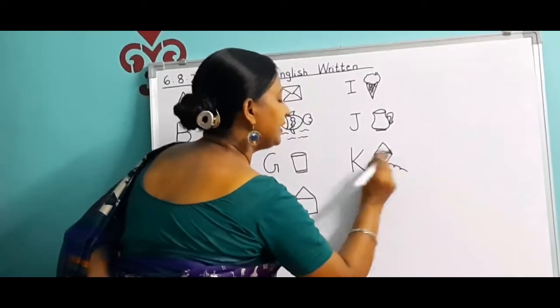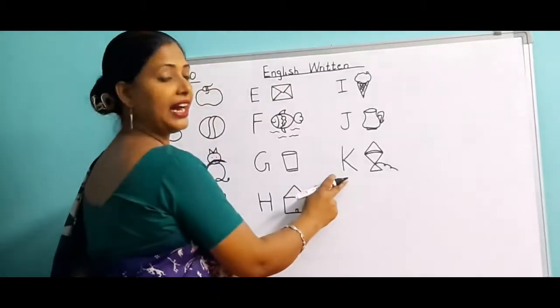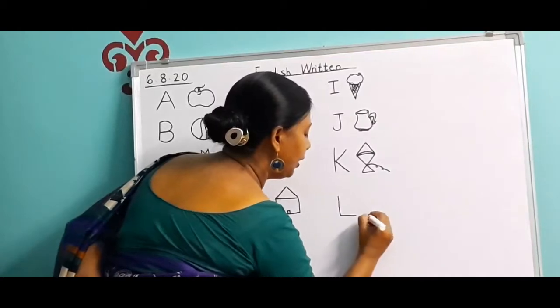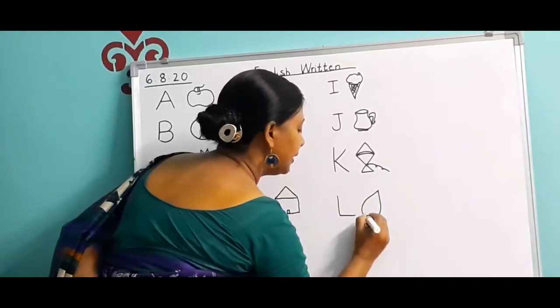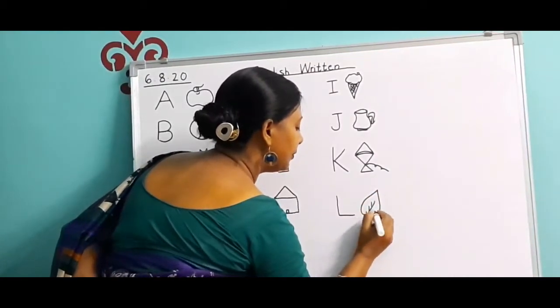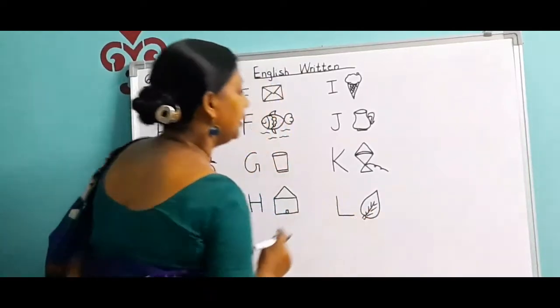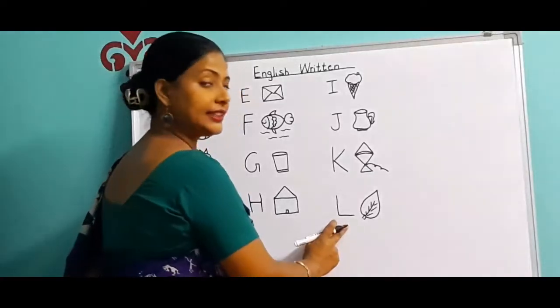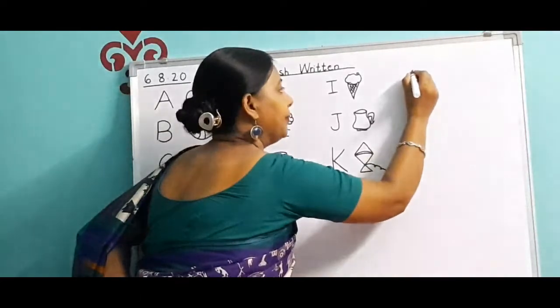K says kite. L for lion, L for leaf. Now after L, yesterday I taught you M.